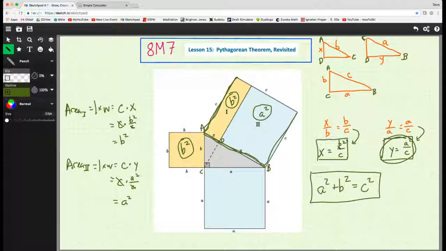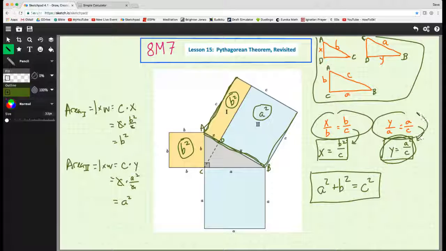So that's kind of the visual proof of what we did on the last slide. And again, what were our building blocks? Our building blocks were the knowledge. It was very important to have a knowledge of similar triangles so that we could build these two ratios, these two proportions.